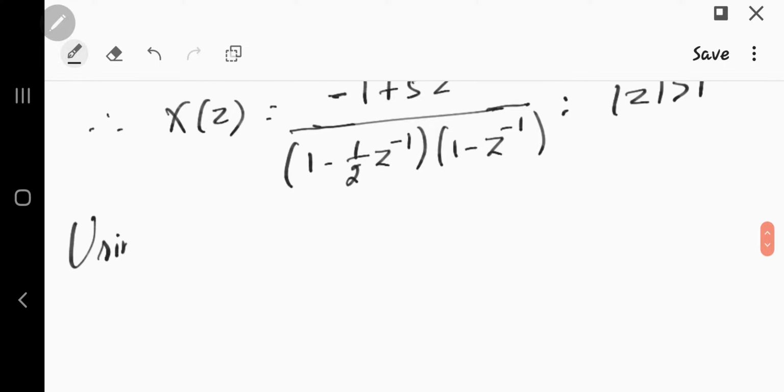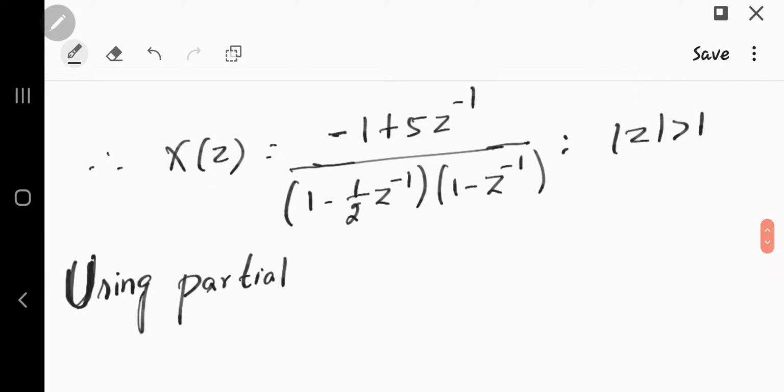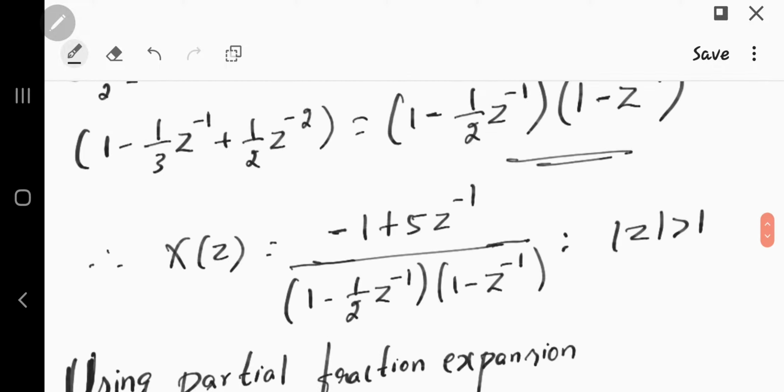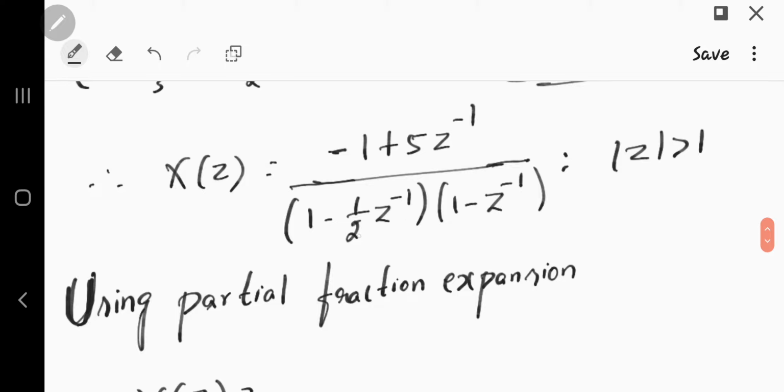So using partial fraction expansion, you can write X of z is equal to, now observe this, these two, we leave the denominators and take the numerators as the unknowns.